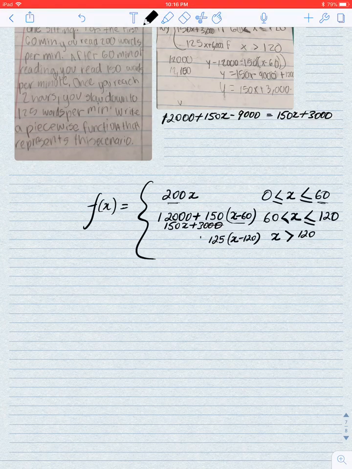To this, you add everything else you've read for the 2 hours before, right? So that's going to be represented by 150x plus 3,000. So I would say 150x plus 3,000 plus 125x minus 125 times 120.